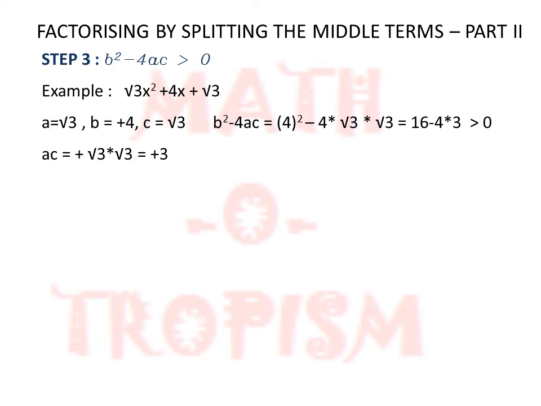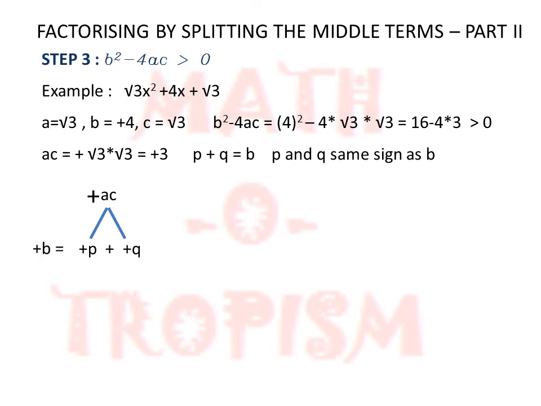Root 3 into root 3, which gives me just 3. Now since AC is plus 3, it means I will have to split it into two factors P and Q, such that P plus Q will give me B, and P, Q and B are all of the same sign. So here since B is positive, whatever I find will also be positive.